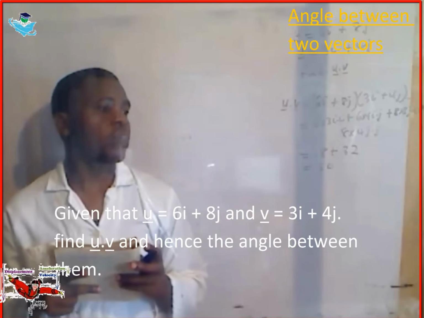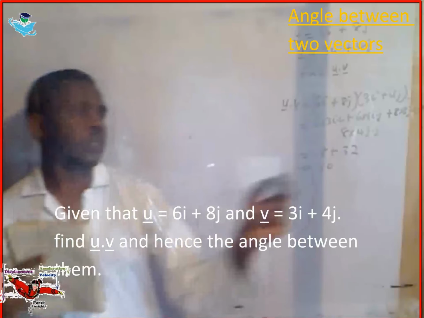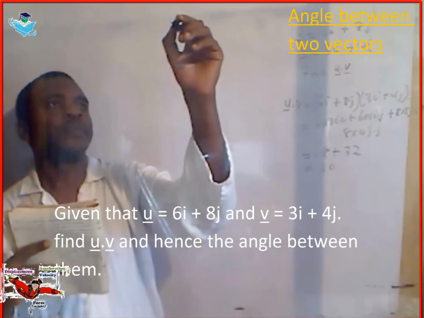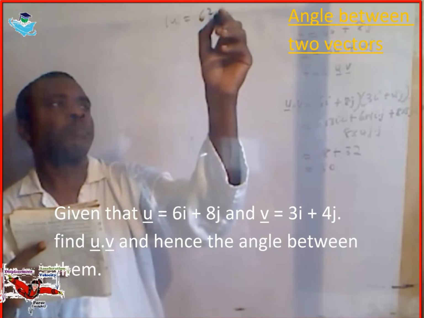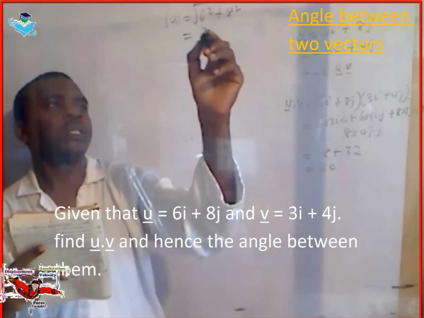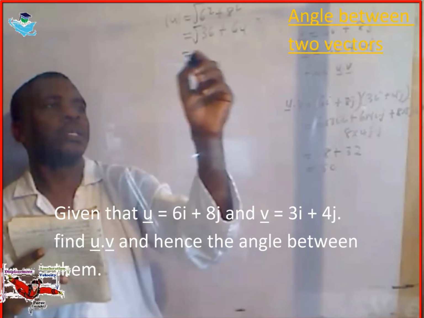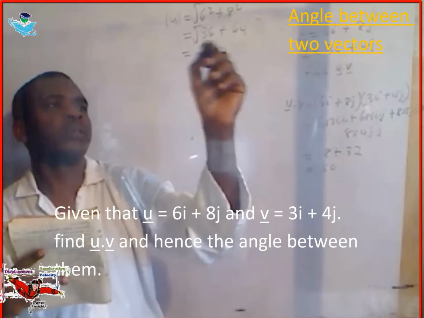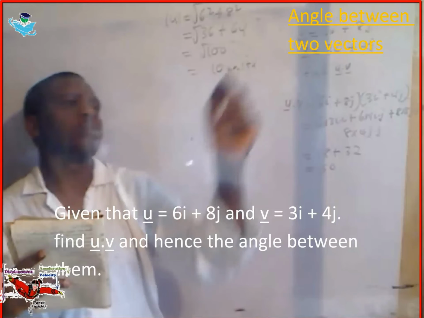Now we have been asked to look for the angle between the two vectors. Let's get the magnitude of u. This is equal to the square root of 6 squared plus 8 squared. This is the square root of 36 plus 64. This is the square root of 100. This is equal to 10 units.